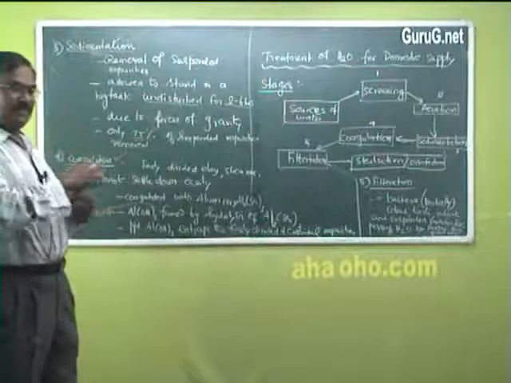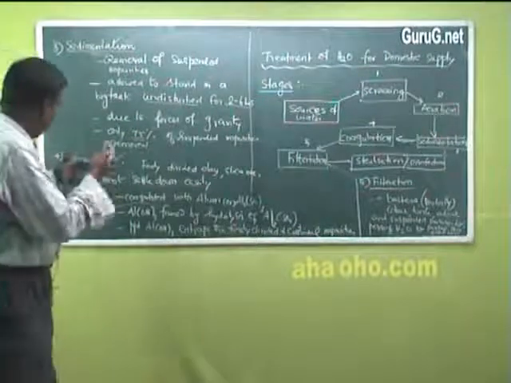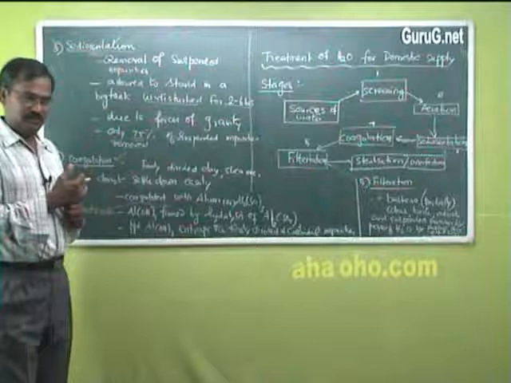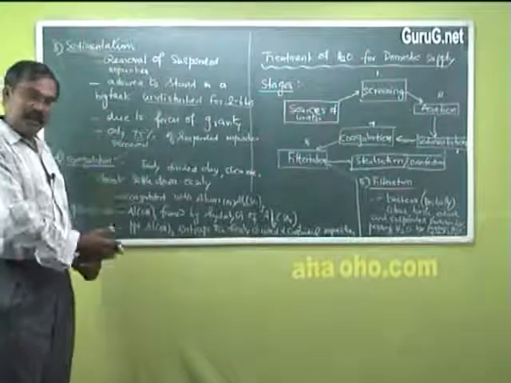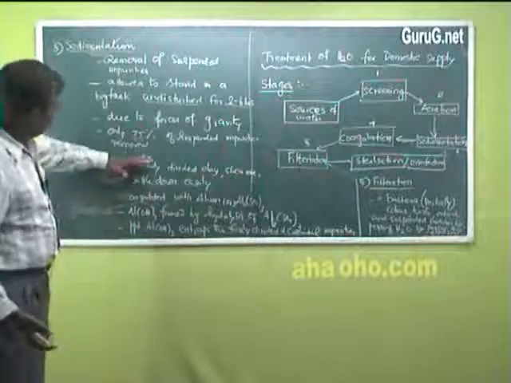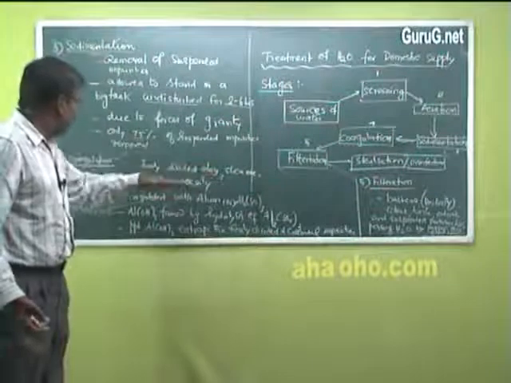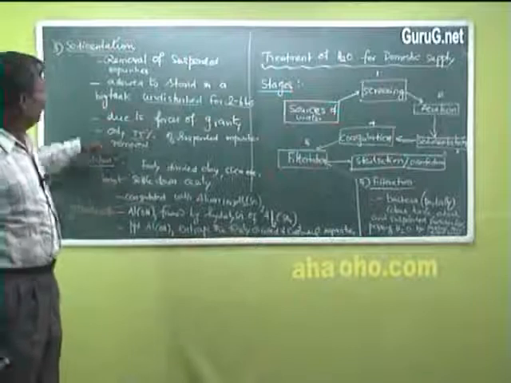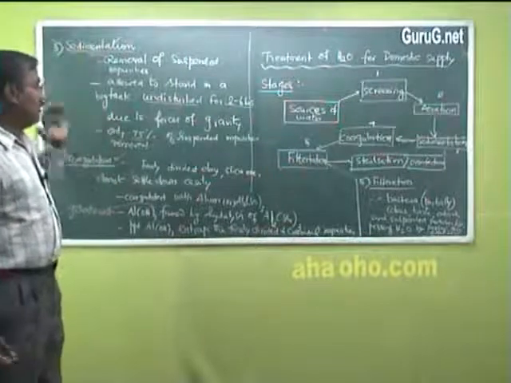So the settlement is fastened by adding such coagulating agents, and this coagulation is mainly for settling down the particles of clay and silica which do not settle down in the normal course in sedimentation.